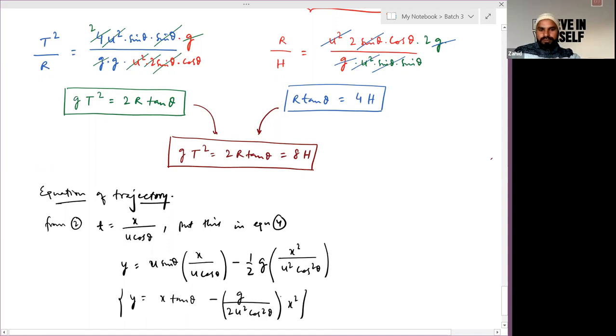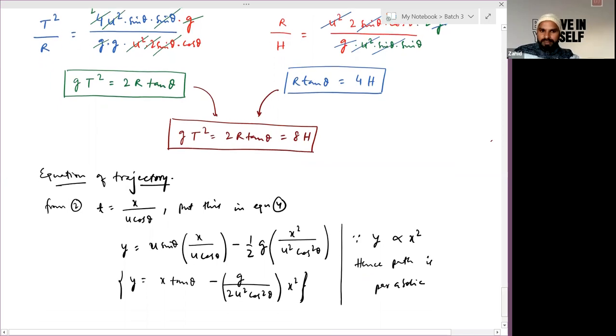So this will be the equation of trajectory for angular projectile. Since y is directly proportional to the highest power of x as x squared, it is nothing but the equation of a parabola. So you will say the path is parabolic in nature.